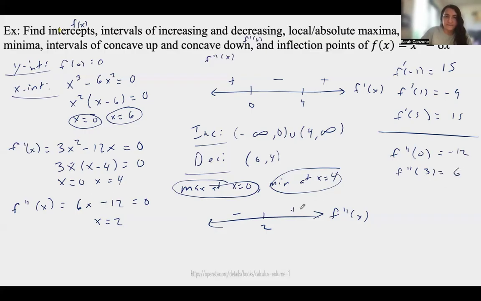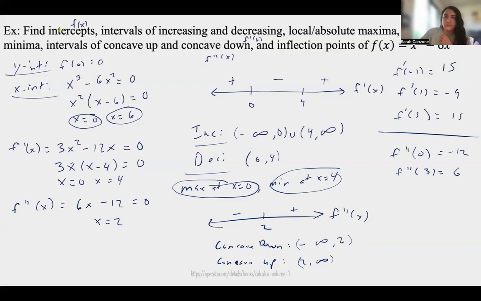So this is positive, which tells me we are concave down from negative infinity to 2. We are concave up from 2 to infinity. And it tells me that we have an inflection point, and that is going to occur at 2.